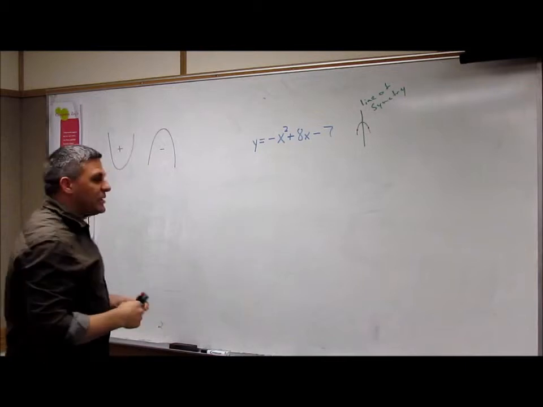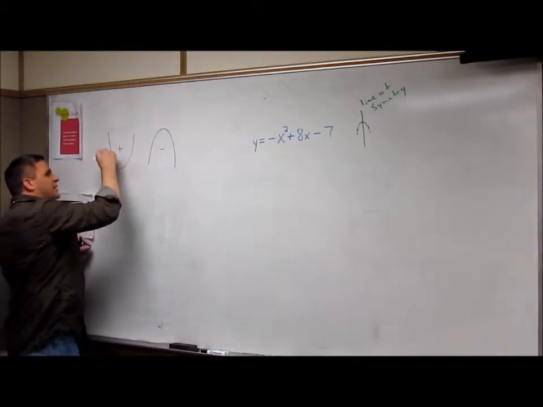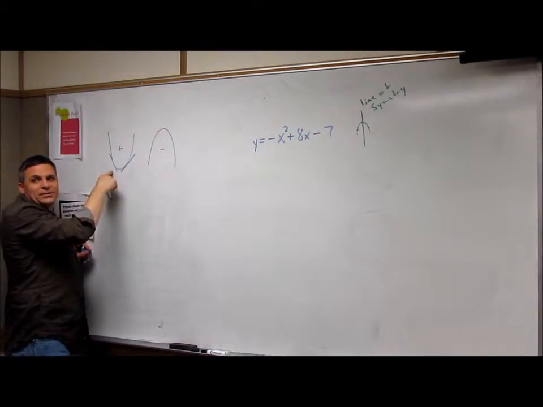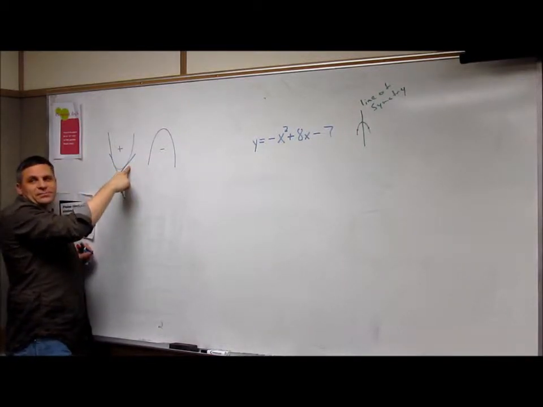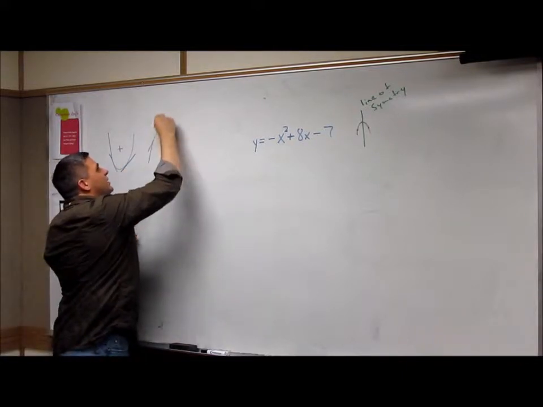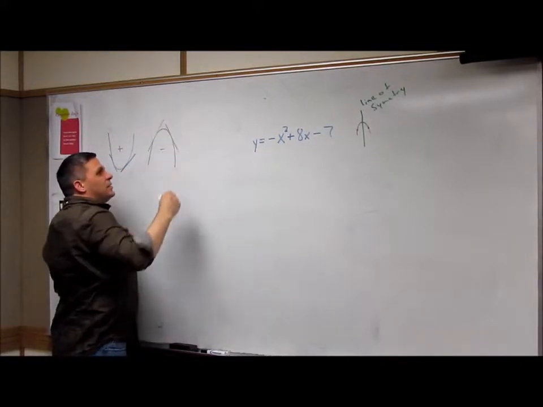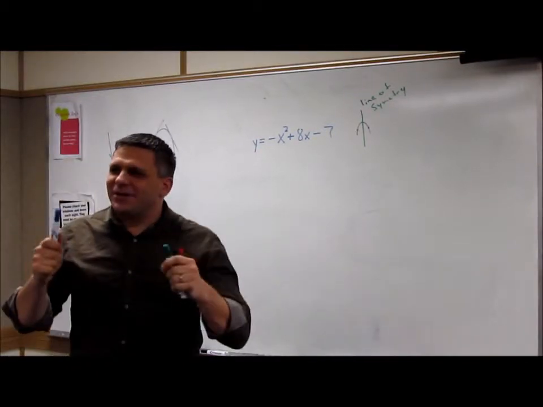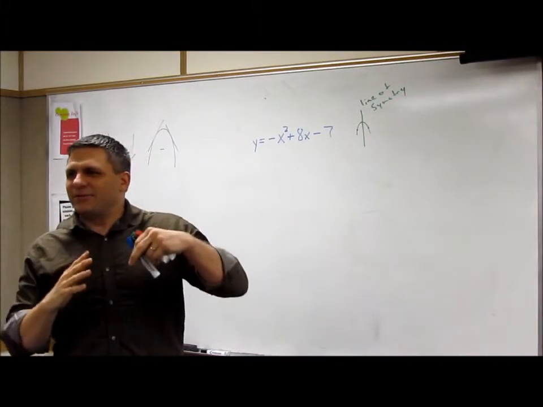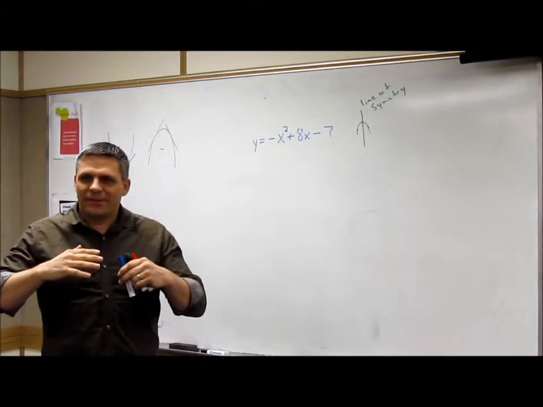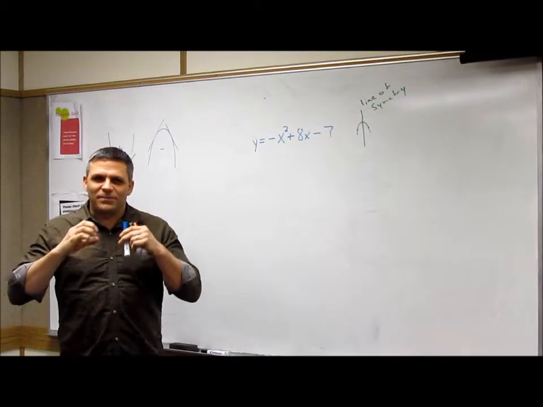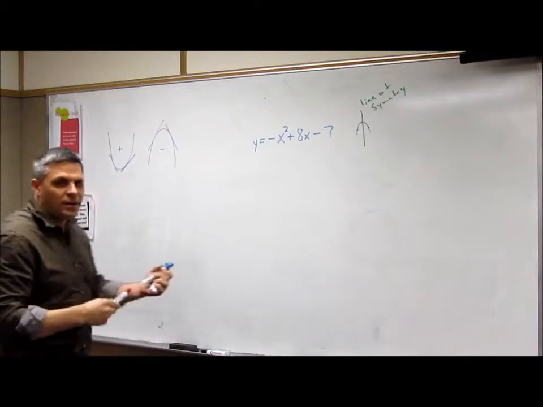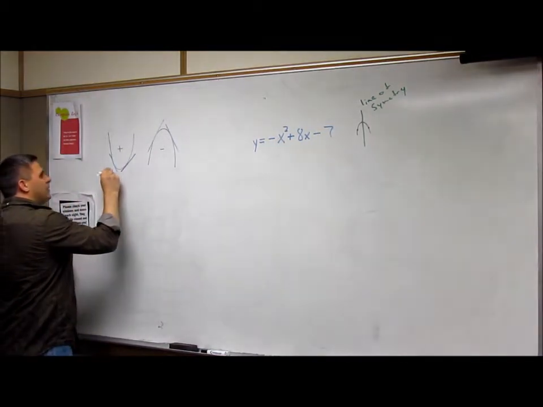Another thing I want you to realize is that things change here. You go from a negative slope to a positive slope. What happens here is you go from a positive slope to a negative slope. But what happens before you go from positive to negative or negative to positive? What do you have to meet in the middle of those? Let me help you.